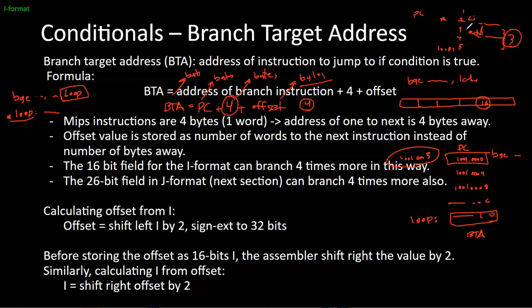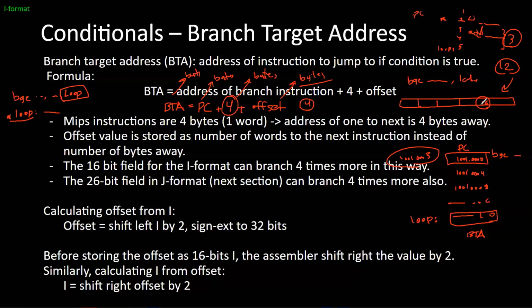I want to move 3 lines forward. If I am storing that in bytes, I know each line is 4 bytes, so I have to store 12 here. But why would I do that when I can just store 3? Because I'm always going to be jumping exactly 4 bytes for each line. So here we can save some space.